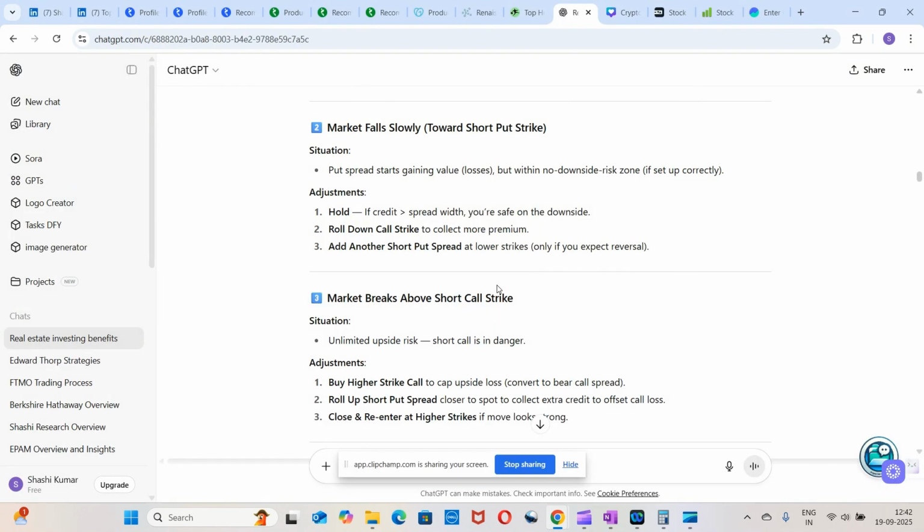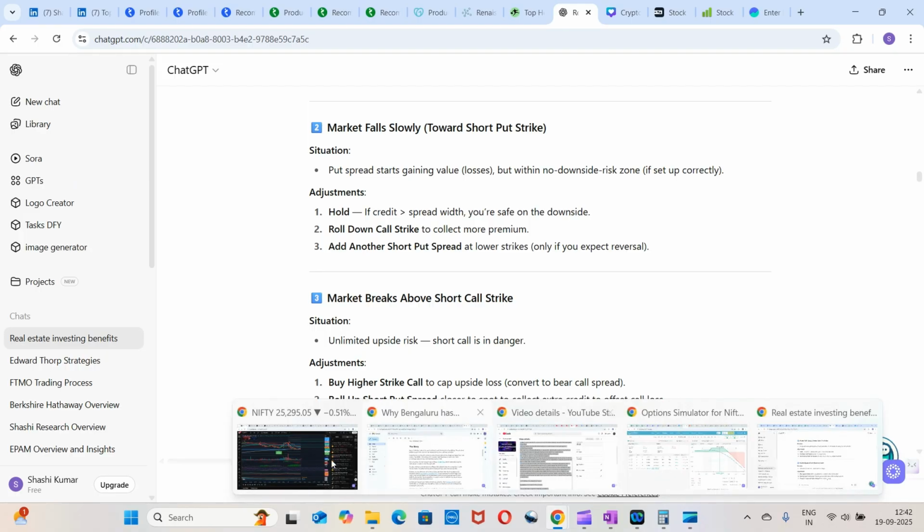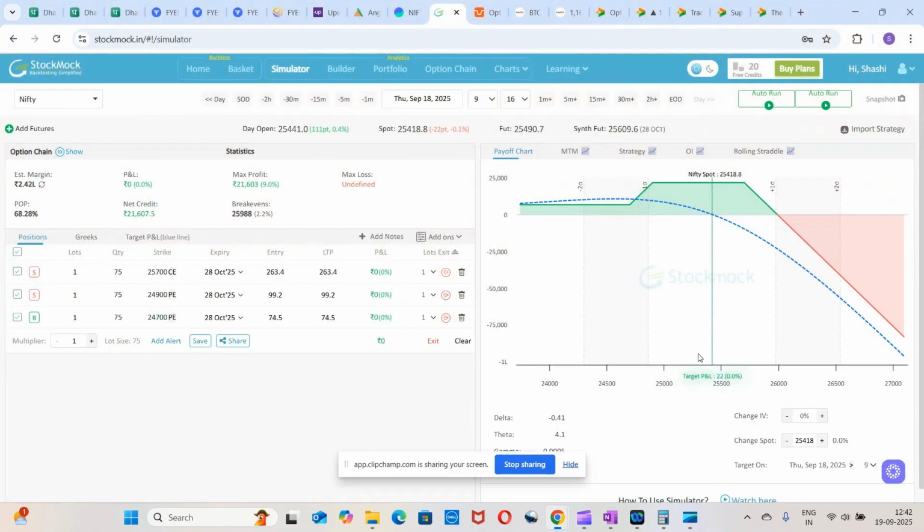You can just hold it as long as the credit is greater than the spread width. If you want, you can roll down the call strike and add another short put spread, but it's not needed. You can just hold it, and it will make money for you.